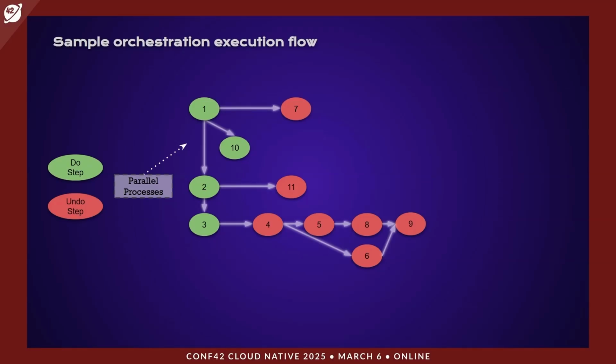It means it can be executed in parallel, and it works as well for the undo. So if number 1 fails, it will execute step 7 as undo. Number 2 and number 10 will be executed in parallel if number 1 is successful. Number 2, if it fails, it will execute number 11 as undo.